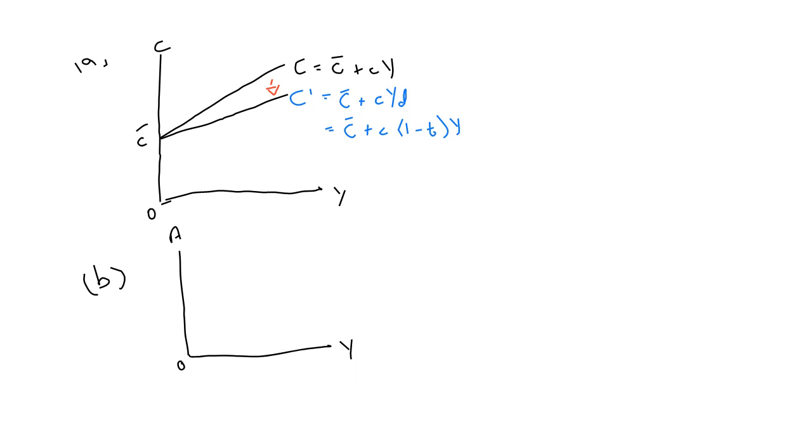Your aggregate spending in this case, and I'll put there just on the side that this is inclusive of C plus I plus G, all autonomous values.